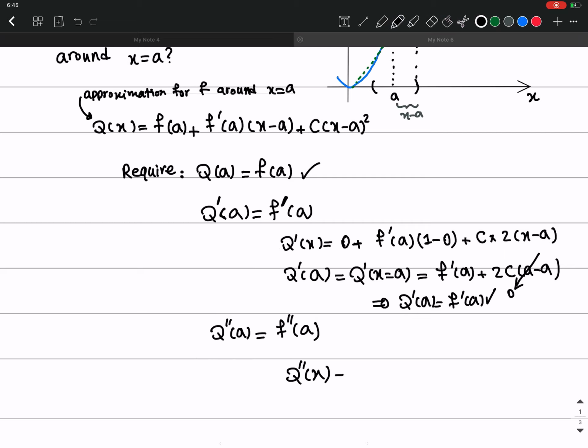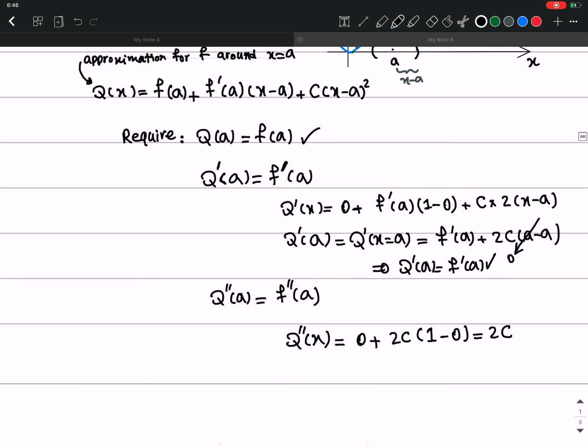The first term here is all constant, right? f prime(a) is constant, and 1 minus 0 is constant with respect to x. So this is just going to be 0, the second derivative. So I have 0 plus the second term, which is going to be 2c times the derivative of (x minus a). The derivative of x with respect to x is 1, and then the second one is 0. So this is going to give me 2c.